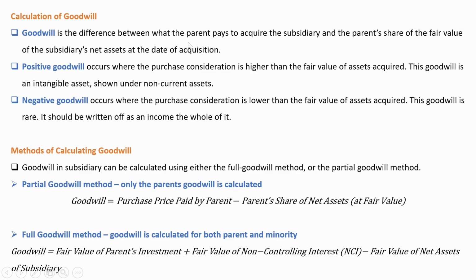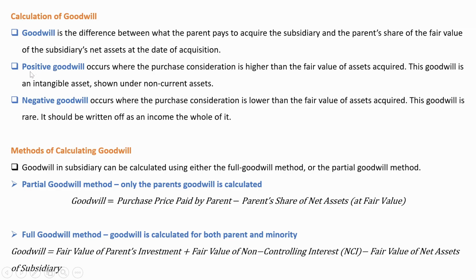The difference between what the parent pays to acquire the subsidiary or the associate and the parent's share of the fair value of the subsidiary's or the associate's net assets as at the acquisition date. So it is what you pay versus what you get. The value of what you get, you compare with the price that you pay to get it.